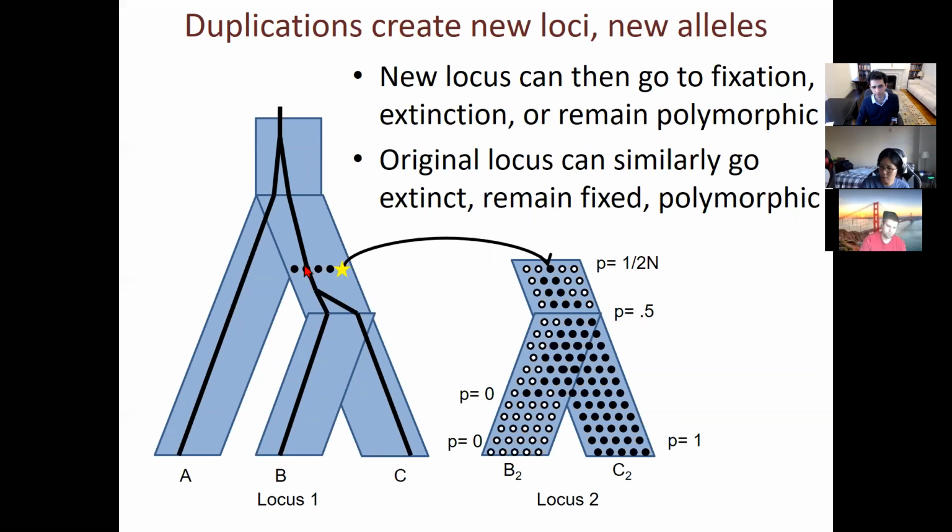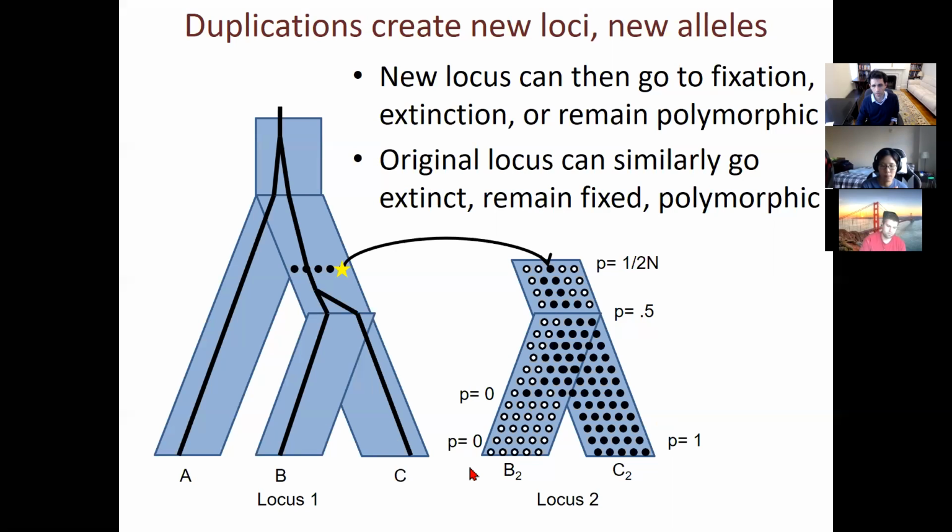So you can have this duplication evolving inside the context of a population. The original locus can go extinct, remain fixed, or become polymorphic. So after every duplication event, you have two fates for each of the subsequent lineages.